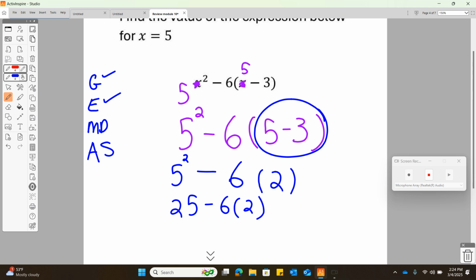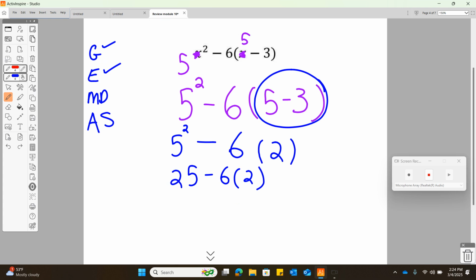Next is multiplication or division. A number next to another number with parentheses means multiplication. So 6 times 2 is 12. And then 25 minus 12 is 13. So that is the answer to that problem.